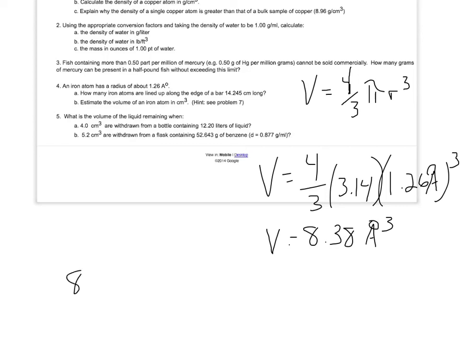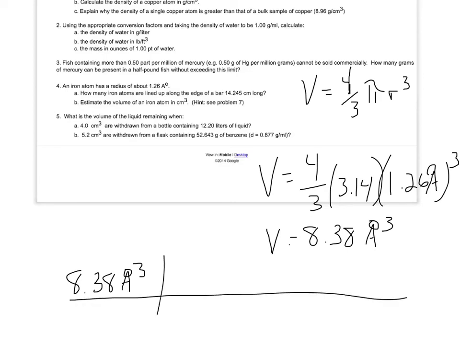So we come down here, we have 8.38 angstroms cubed. I know the conversion factor is 1 angstrom is 1 e to the negative 8th centimeters. So if I want to cancel angstroms cubed, I need to cube 1 e to the negative 8th centimeters.